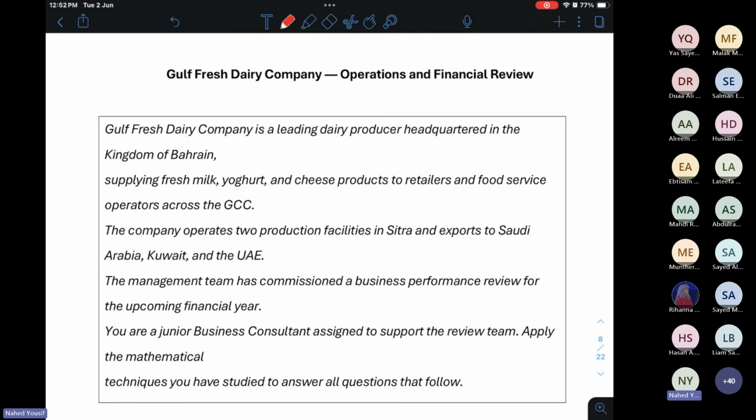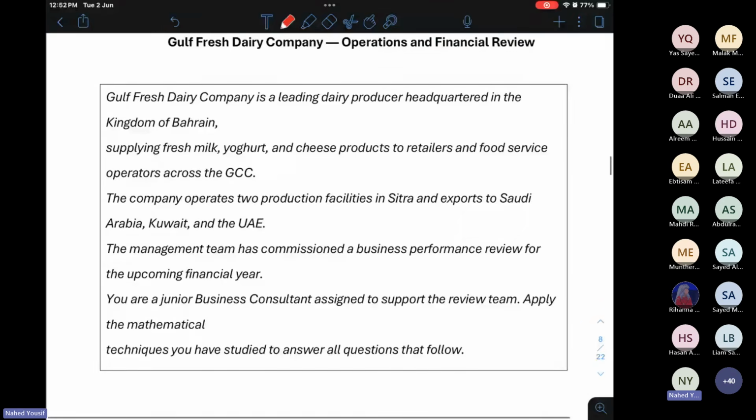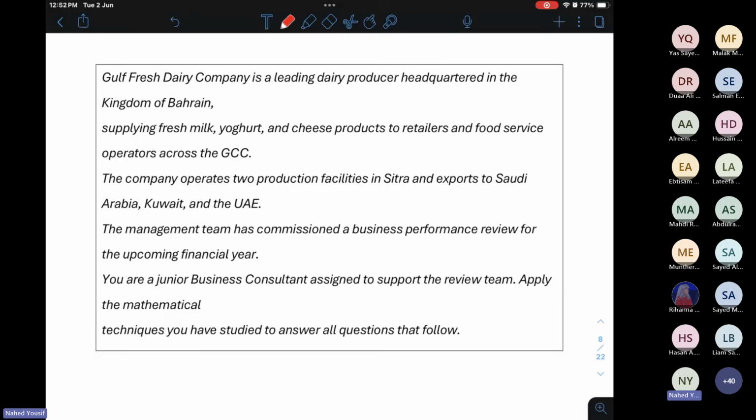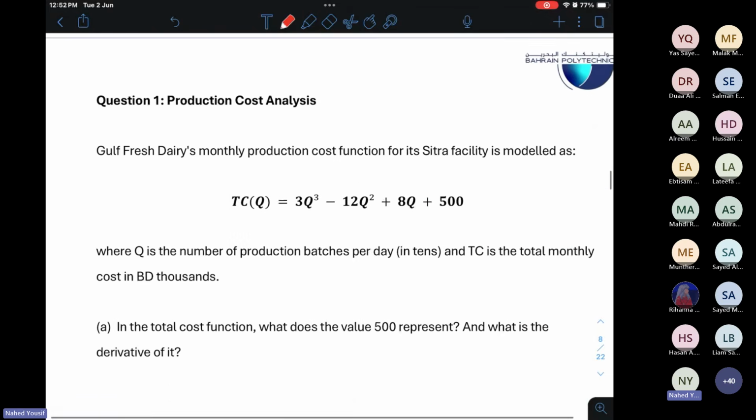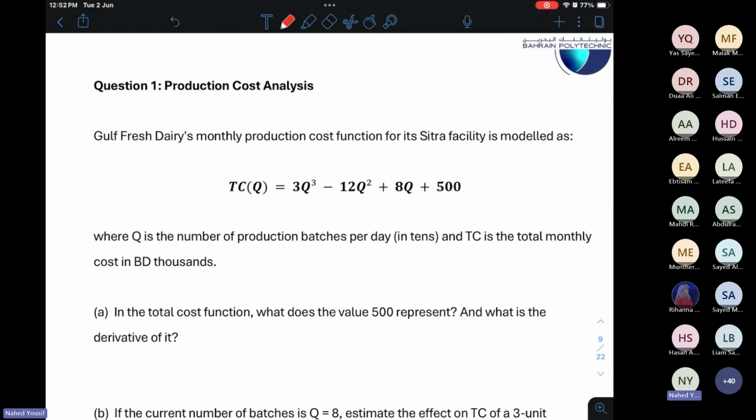They supply milk, yogurt, cheese, ice cream, whatever you like from the dairy market, in Saudi Arabia, Kuwait, and the United Arab Emirates. They have modeled, for example here in their facilities, the total cost as a function of Q as given, where Q is the number of production per day in tons.